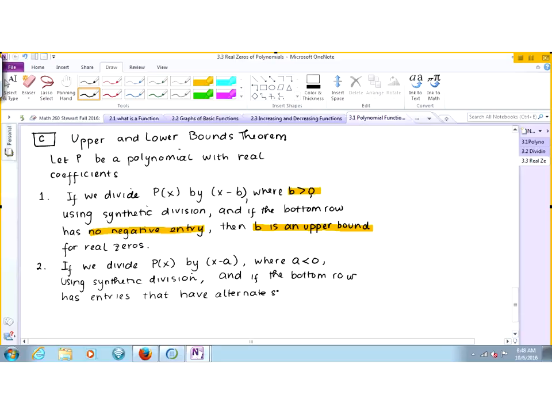What do I mean by alternate signs? Plus, minus, plus, minus, plus, minus, or minus, plus, minus, plus. Then a is a lower bound for the real zeros of P. All right?